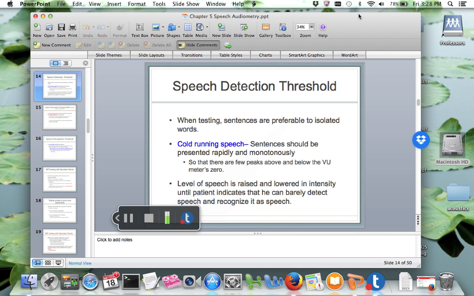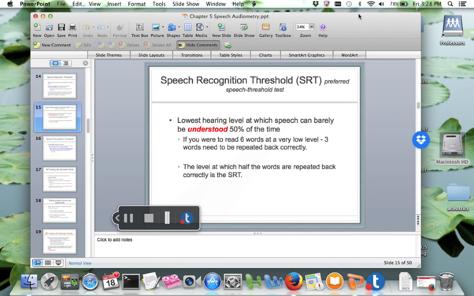The point where the child looks up and wonders, what's that? Where's that coming from? That's their music awareness threshold. Same thing as the speech detection threshold. It doesn't imply that any person was able to recognize the full words, just that they detected speech. So it's easier to detect that speech is in an environment than to recognize the word and repeat it back.